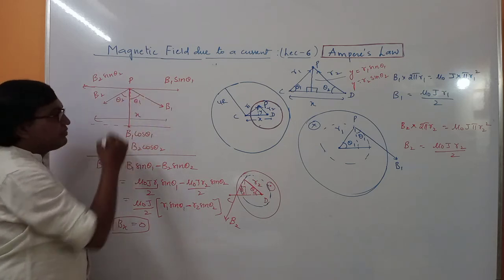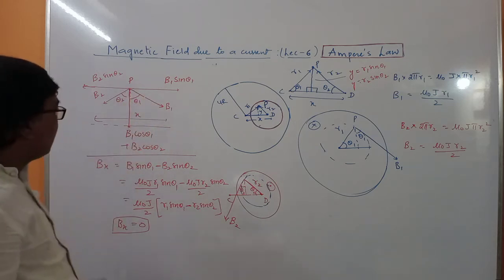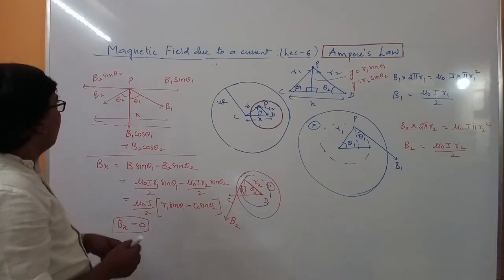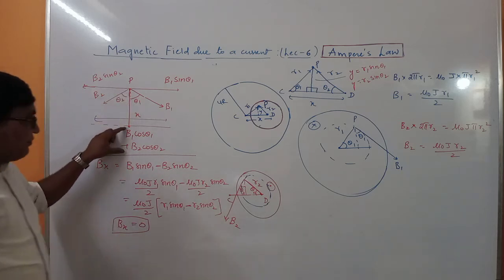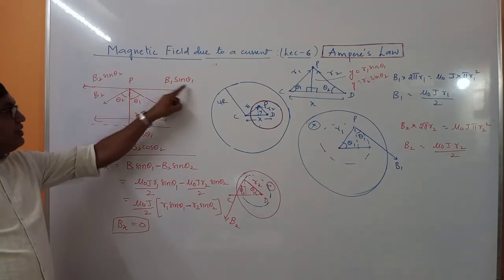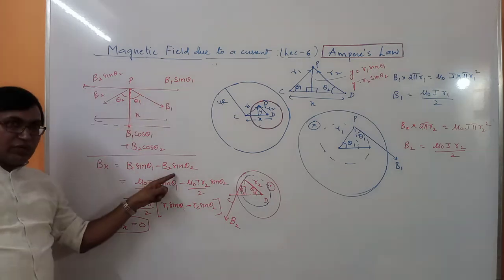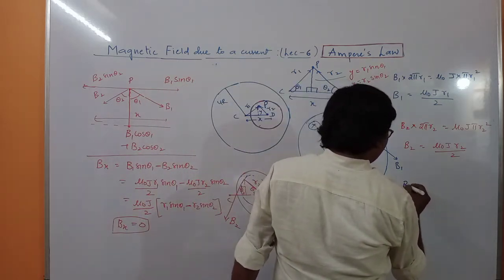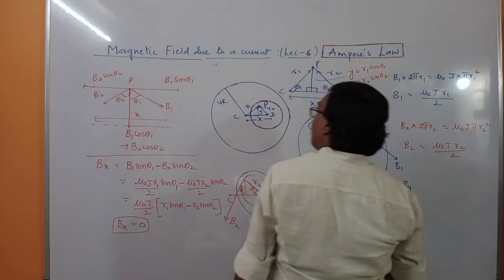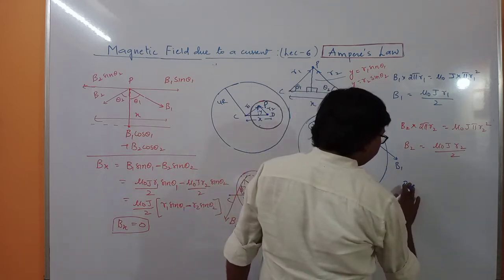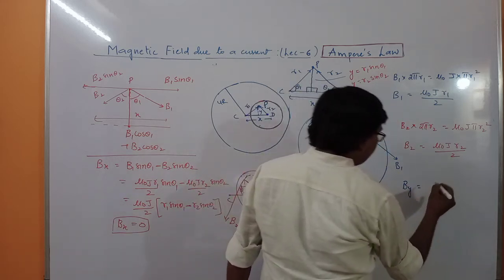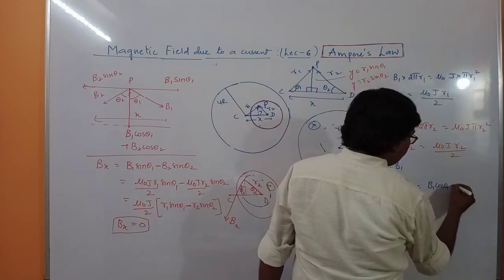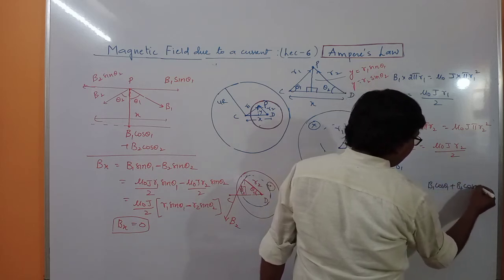Then let us find out the field in this other direction. Along this direction the field is getting added up. Here it was B1 sine theta 1 minus B2 sine theta 2. So the total field along the y direction, or perpendicular to the x direction, is B1 cos theta 1 plus B2 cos theta 2.